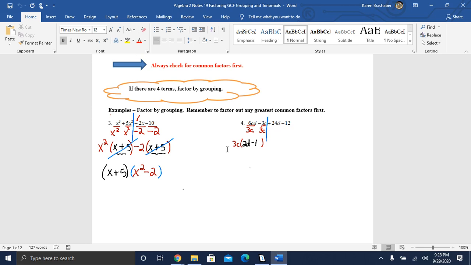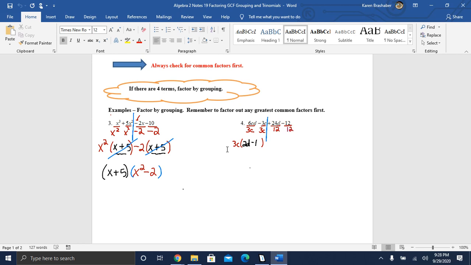All right, so now I'm going to divide my last two terms. Now I have to divide by the biggest number that I can. So always try taking your smaller of your two numbers and see if it works. So will 24 and 12 both divide by 12? And they will. So we'll divide each term by 12.